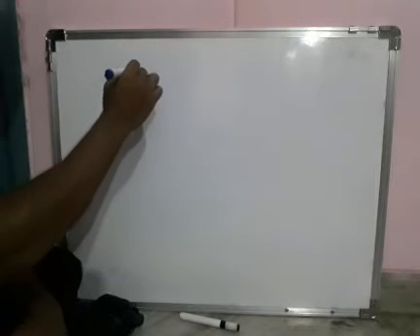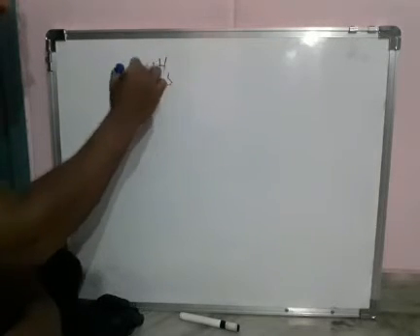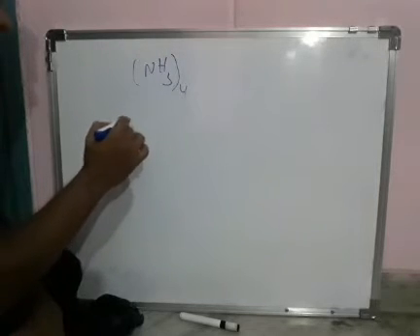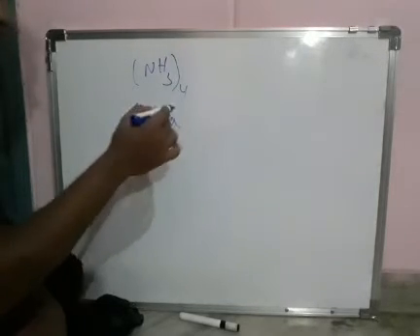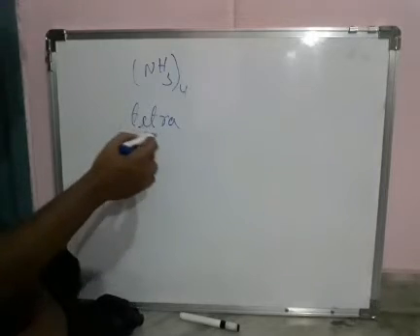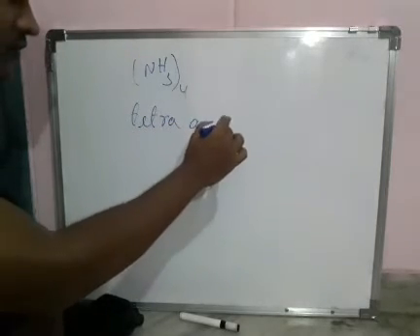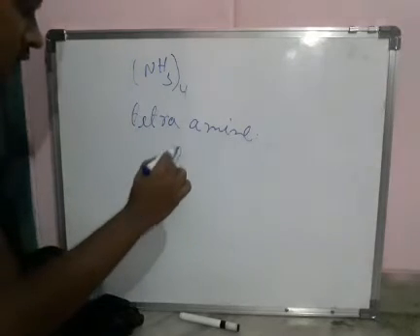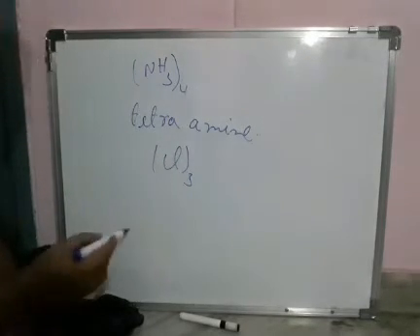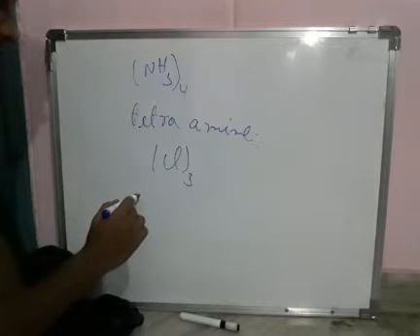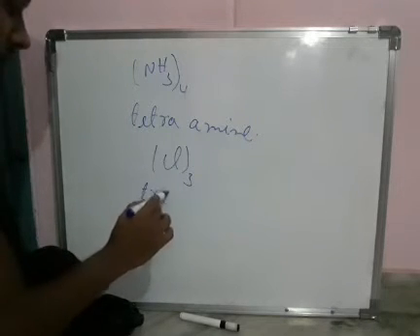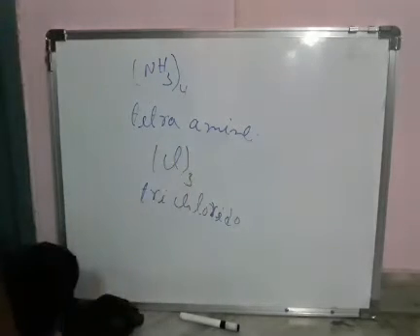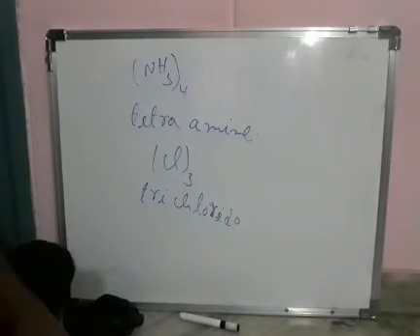For example, NH3 four times, so the prefix tetra must be added: tetraammine. For example, if you take Cl thrice, it is represented as trichlorido.